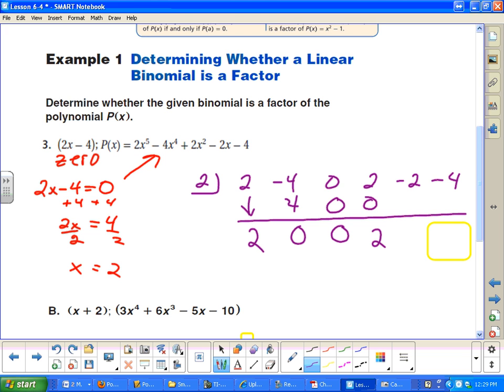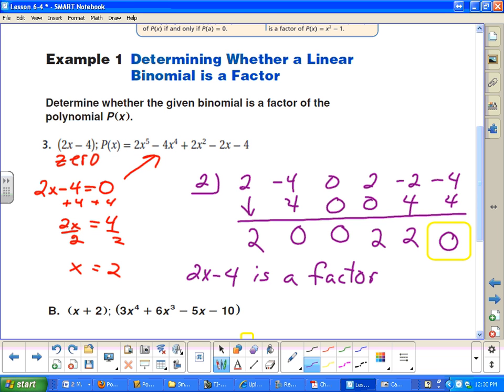Then 2. 2 times 2 is positive 4. Negative 2 plus 4 is 2. 2 times 2 is positive 4, so this equals 0. So then 2x minus 4 is a factor, because the remainder is 0.